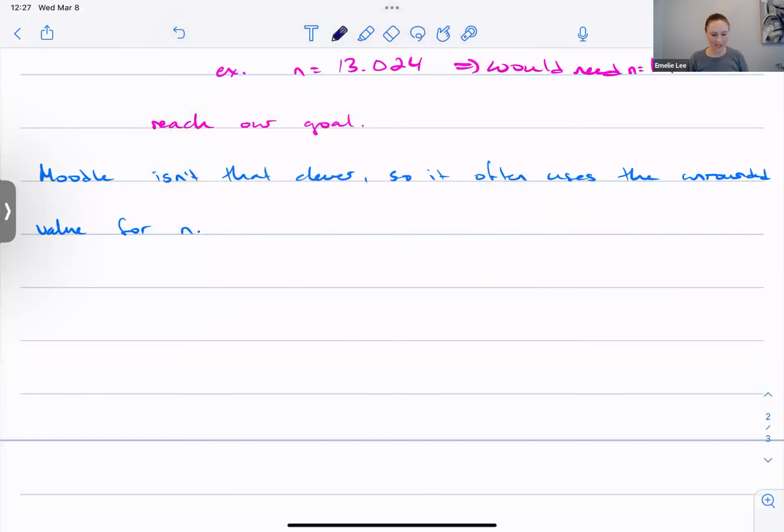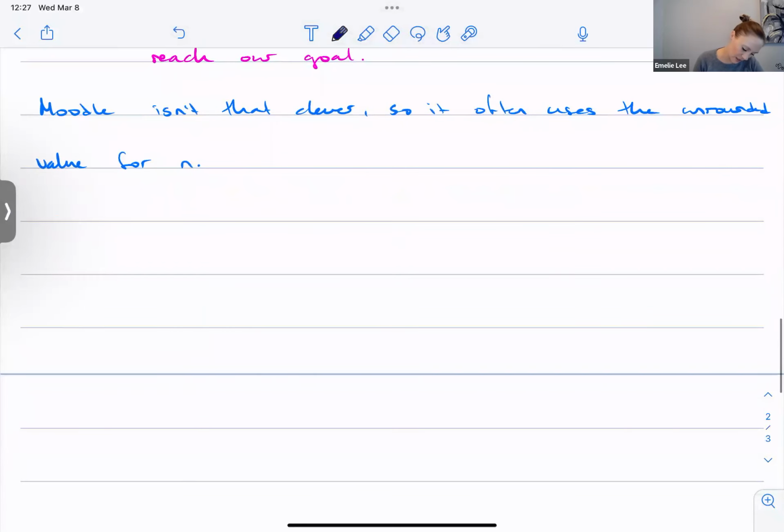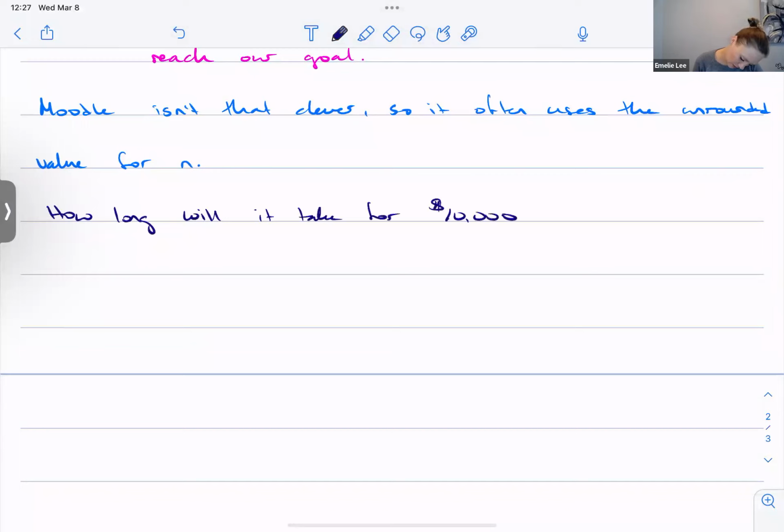It only asked us for the number of compoundings, but I think it's a good exercise to convert that to years. So how long will it take for 10,000 to grow to 12,000?